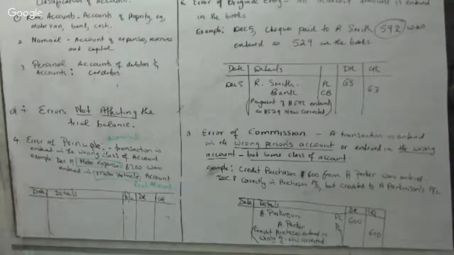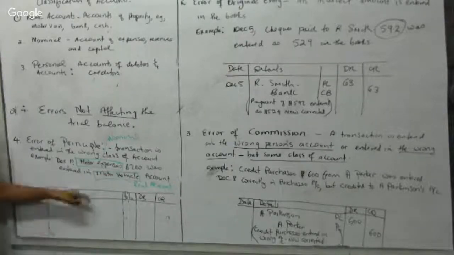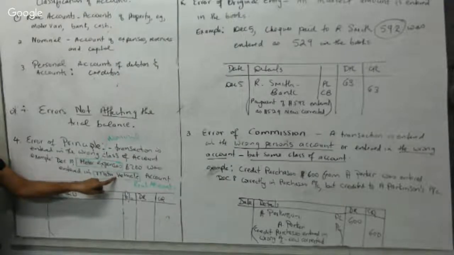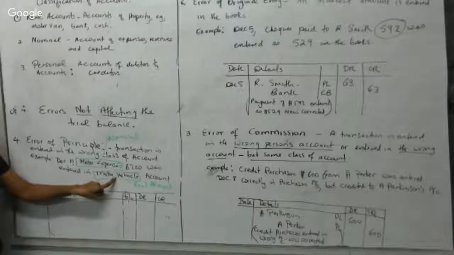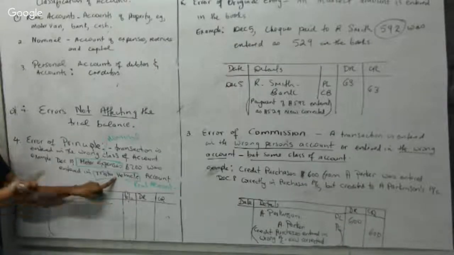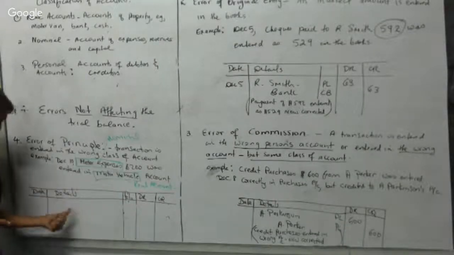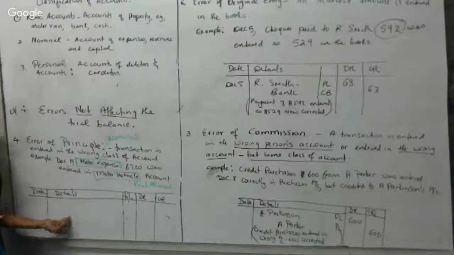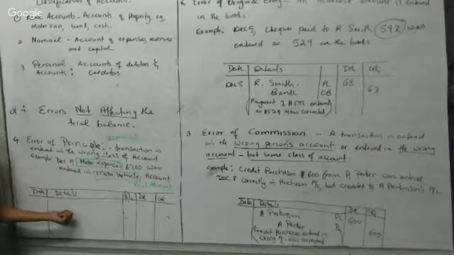So to make your correction, you now have to remove the debit entry from here because it doesn't belong there. So you remove it from the motor vehicle account by crediting motor vehicles, and then debiting the account that's supposed to be debited, that is, motor expenses.